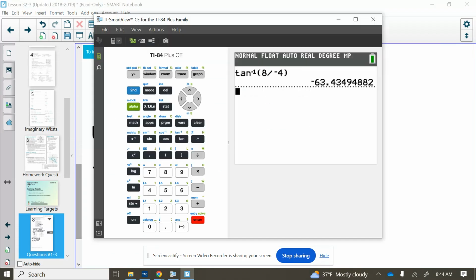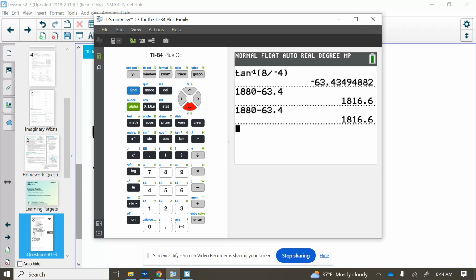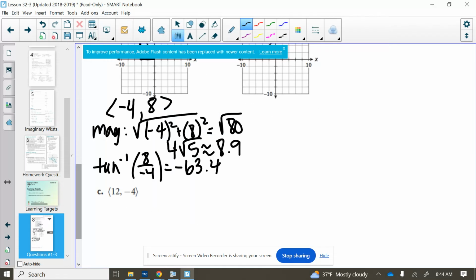So we want to make sure we are finding an angle that's representative of quadrant 2 by taking 180 minus theta, which would be about 116.6.